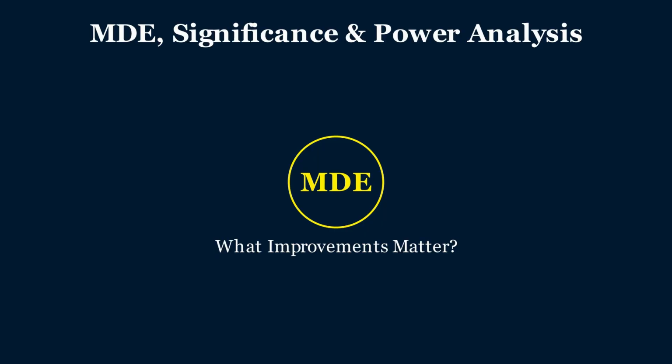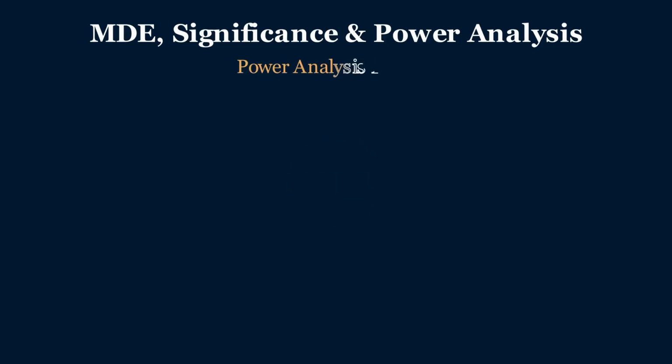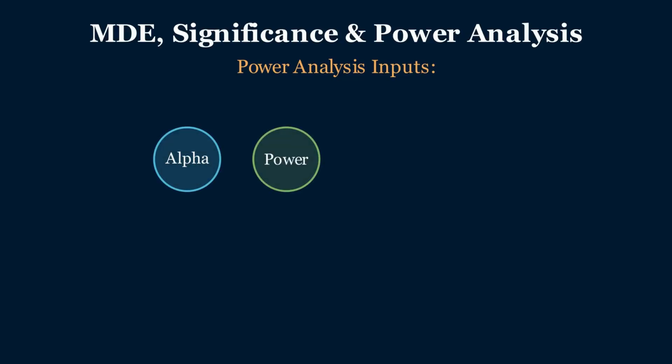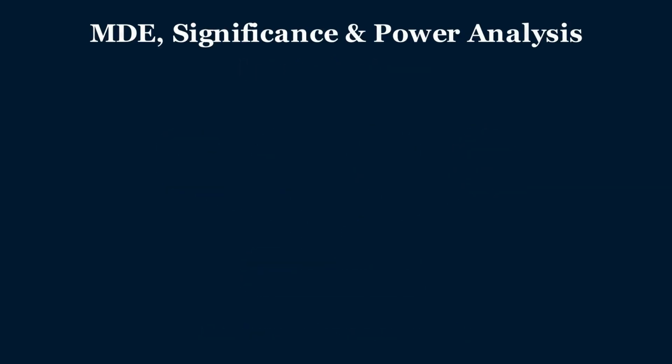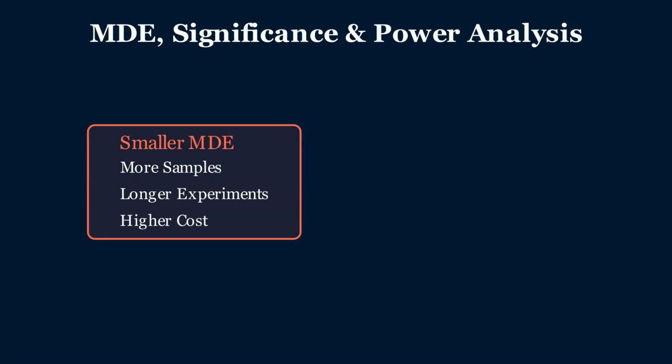And this connects directly back to power analysis. Because MDE is one of the core inputs used to calculate sample size. Power analysis combines alpha, statistical power, variability, and MDE to calculate required sample size. So, MDE directly controls the sensitivity of your experiment. Smaller MDE means larger sample sizes, longer experiments, higher cost.